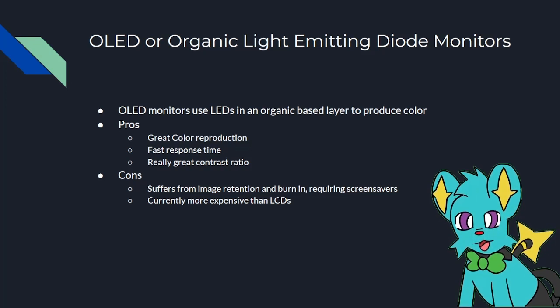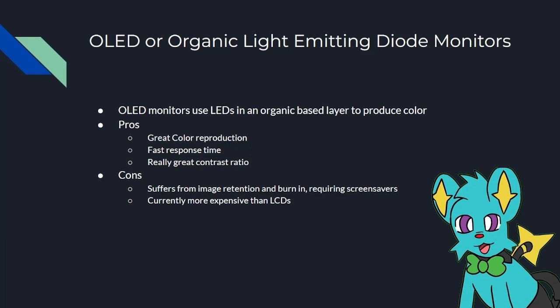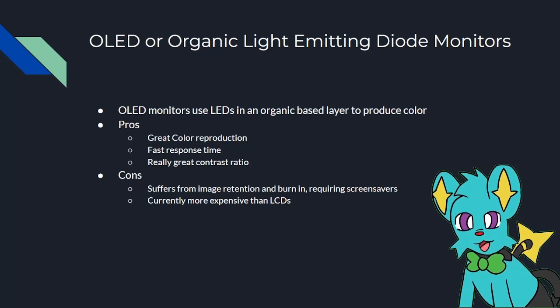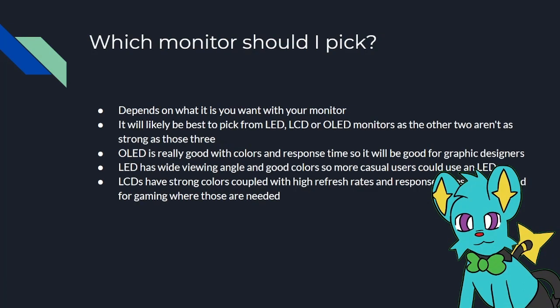But the problem is that they have image retention and burn-in, which you need a screensaver for. And at the moment, they're currently more expensive than an LCD monitor. So these are really good, but they're more expensive. So it is hard for you to get your hands on one easily or as easily as an LCD.